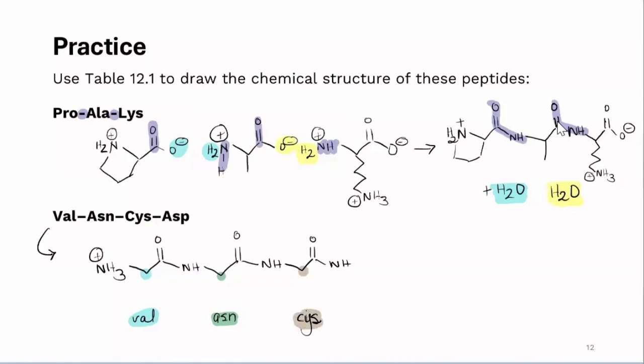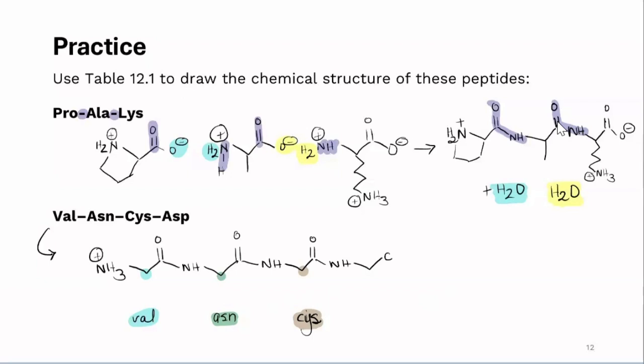And then you notice that after cysteine, there's the amide bond, which I already drew. But then after ASP, which is aspartic acid or aspartate, there is no line. So that means that that is the end of our peptide, which means that overall, I'm going to draw alpha carbon.